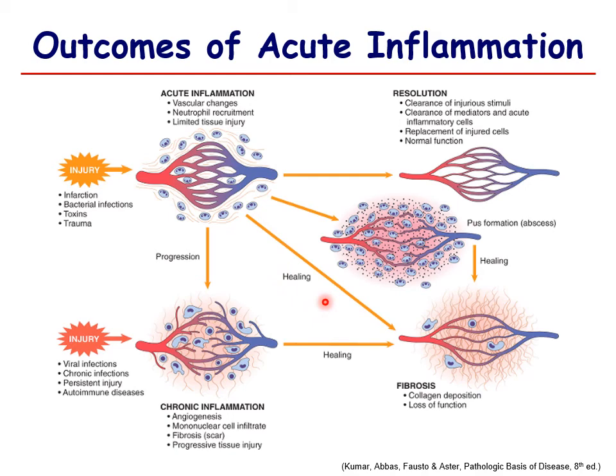That is, effective clearance of the offending agent and inflammatory mediators do occur, but the injured cells are replaced with scar formation. In other words, replaced with fibrotic cells and connective tissues instead of normally functioning tissue cells. So the final outcome is that while the affected area is healed, it has been healed with loss of function, and that is called fibrosis.